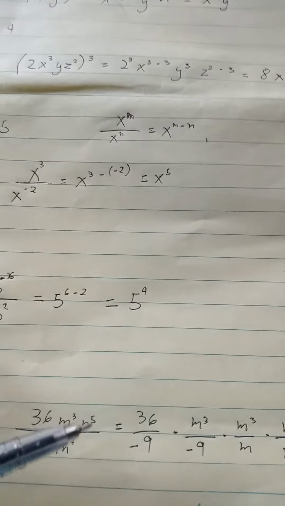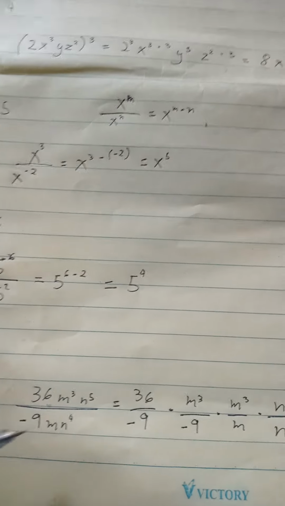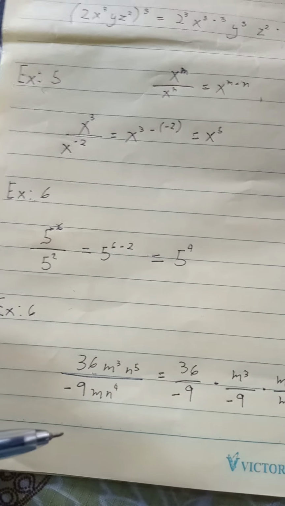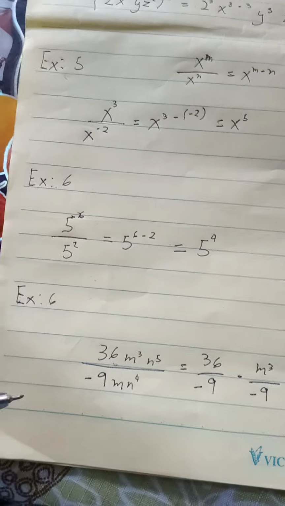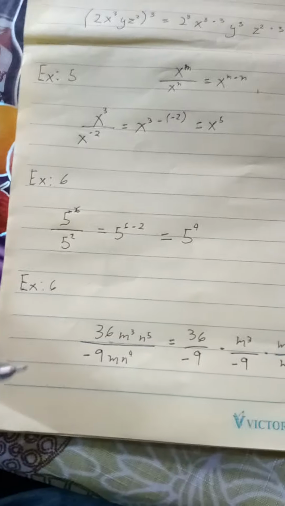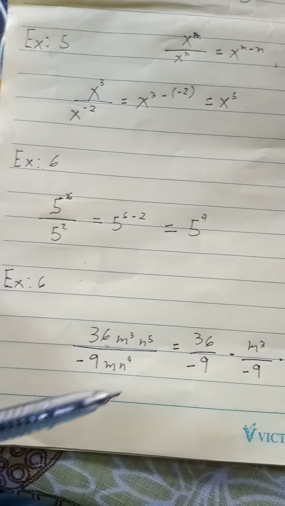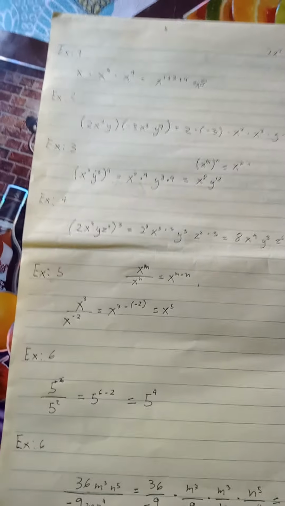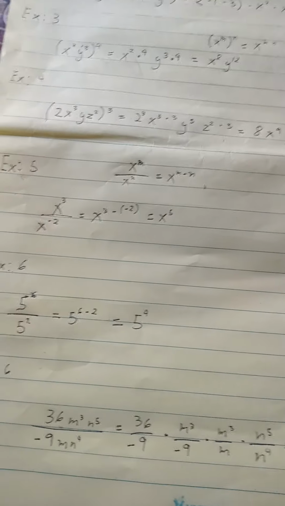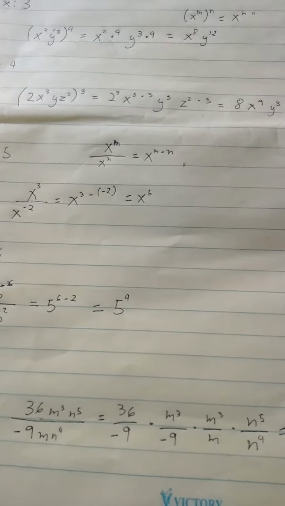We divide our 36 and negative 9 first, making the value negative 4. Then we subtract our variable exponents, making the total value negative 4m squared n. And these are the examples of the quotient rule and exponent rules.